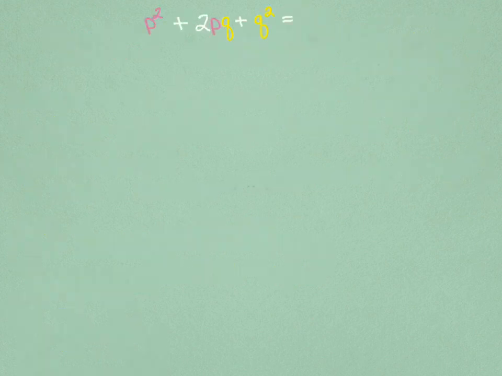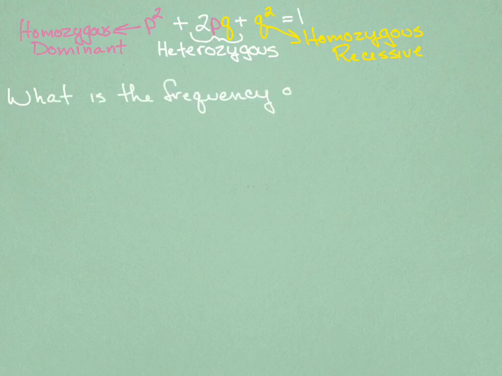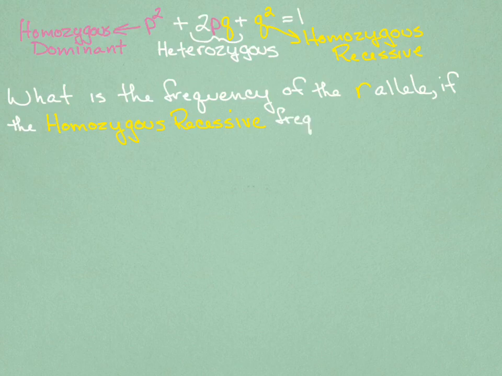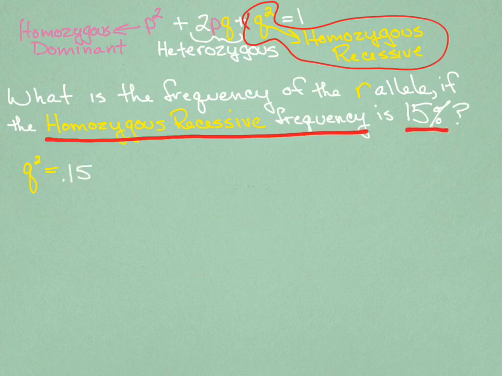Okay, let's do another one, shall we? Again, I'm giving you the whole equation. So what is the frequency of the R allele if the homozygous recessive frequency is 15%? Okay, so we know that Q squared is 15%.